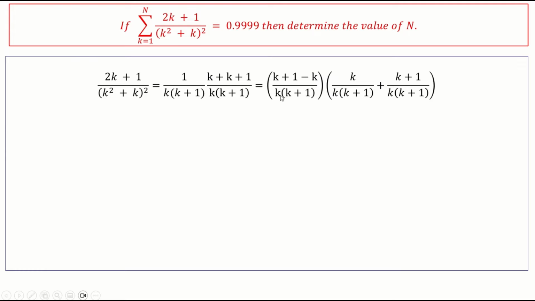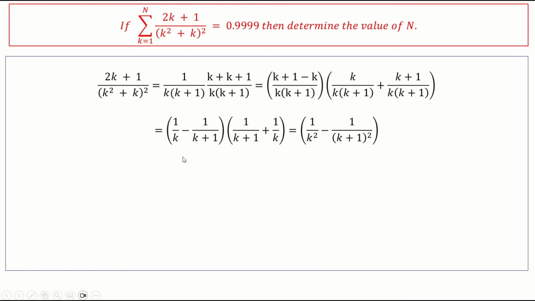Okay, so again in terms of the denominator terms, I split it into k by k into (k plus 1) plus (k plus 1) by k into (k plus 1). Now you will understand why, because you will get an addition of terms which will be easy to solve.